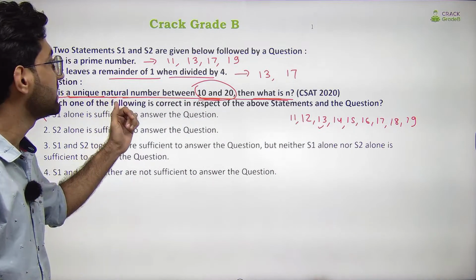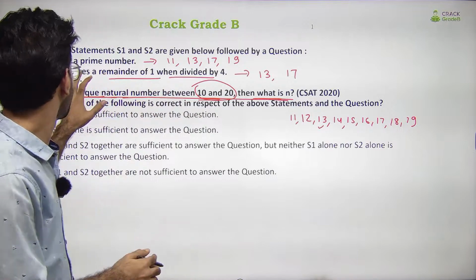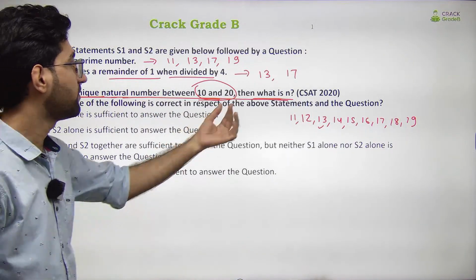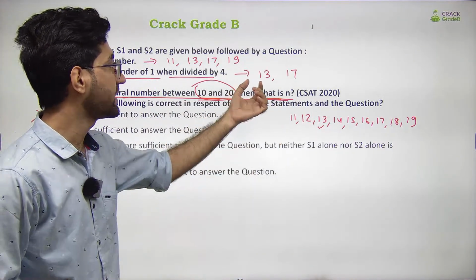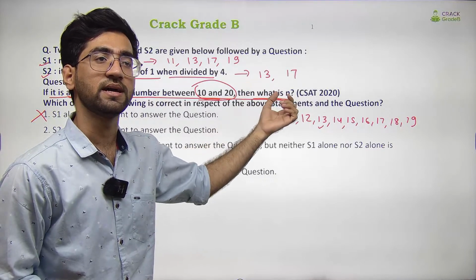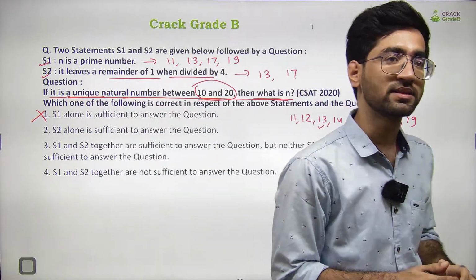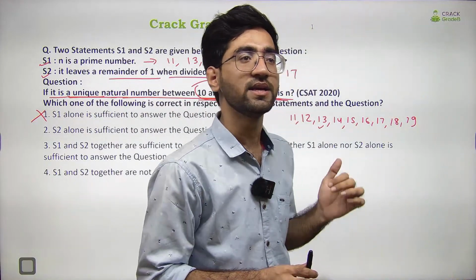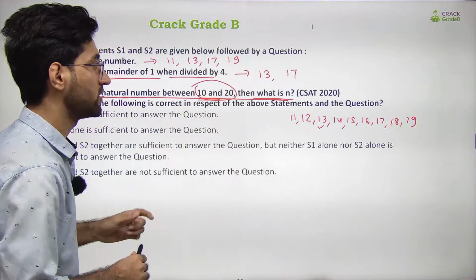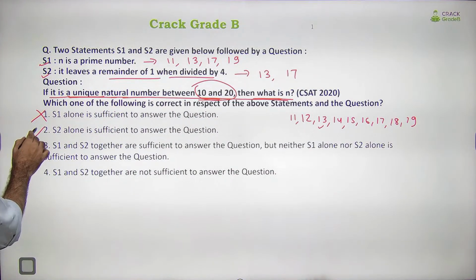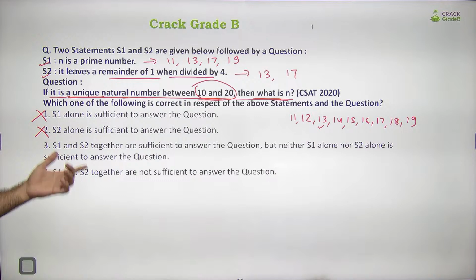So using statement 2, you are getting two values for n, 13 and 17. Are you able to find a single value for n using statement 2 alone? No. So obviously, statement 2 alone is not sufficient to answer the question.